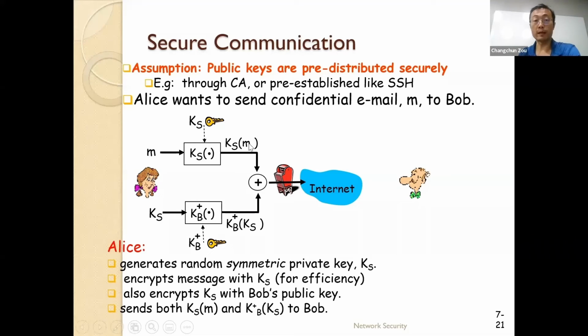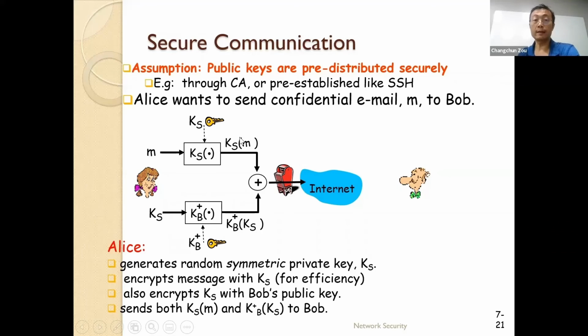You encrypt the message with it. Then you add KS encrypted by the receiver Bob's public key, basically KB plus encryption on this symmetric session key. Then you put these two together and send them to the other end.